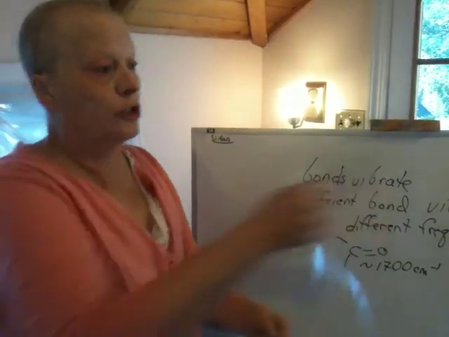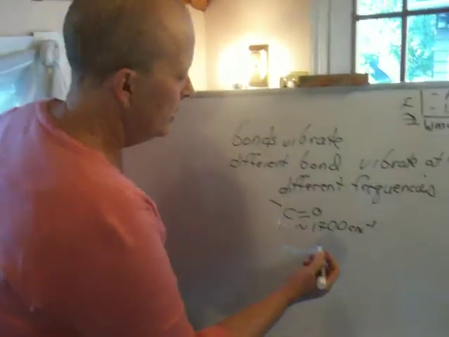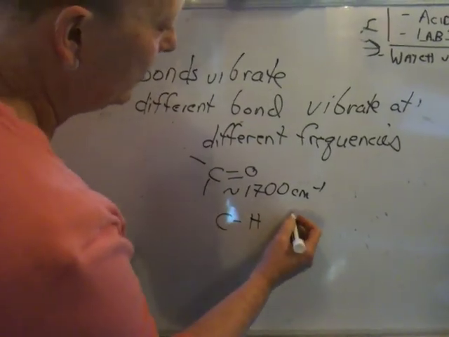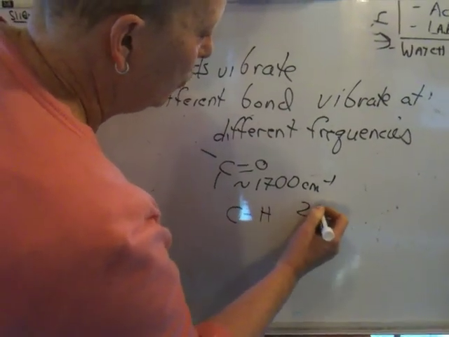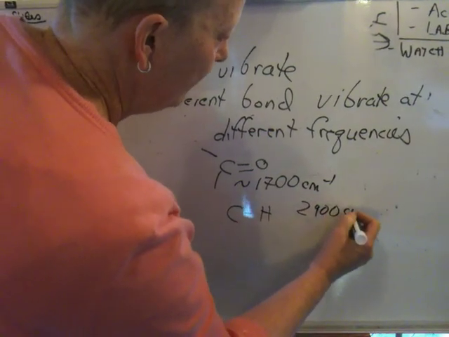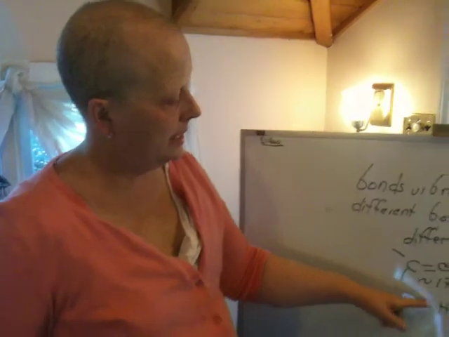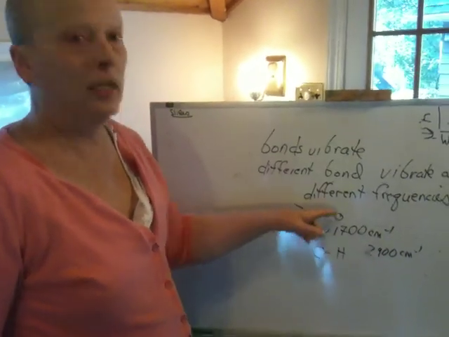So it's always going at a certain frequency. A CH bond vibrates at around, being a little more specific, 2,900 reciprocal centimeters. So that's saying that CH bonds vibrate at a higher frequency than CO bonds.